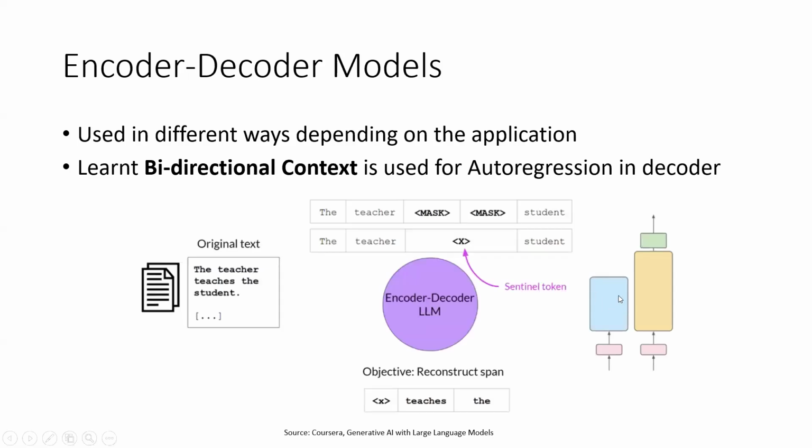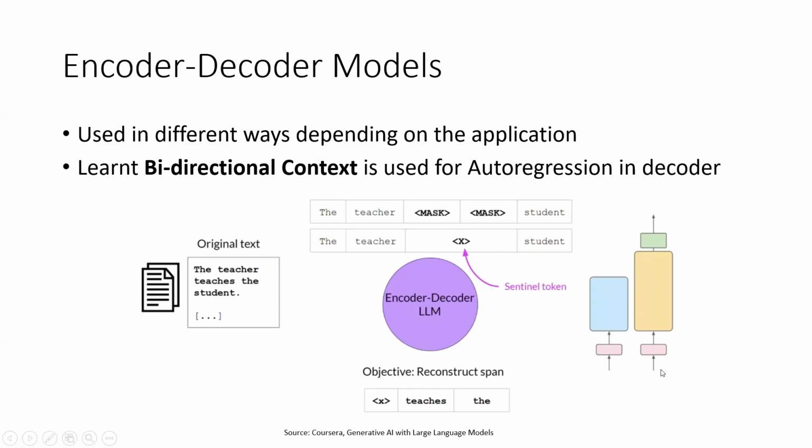If you are using both the encoder and the decoder parts of the transformer, these models are known as encoder-decoder models. You use the text or some sequence encoding in the encoder, and use the output from the encoded vectors as key and value parameters to the decoder.